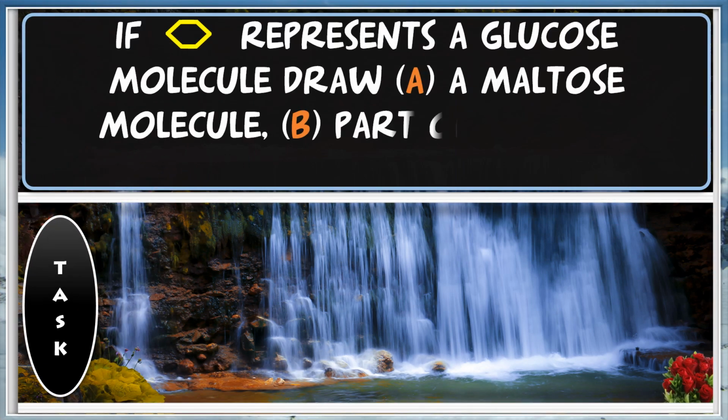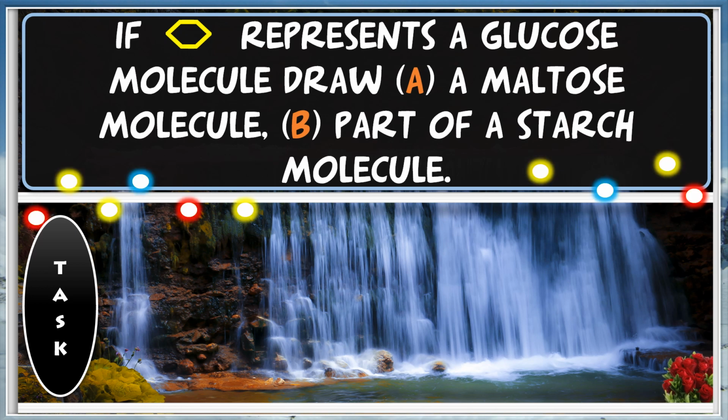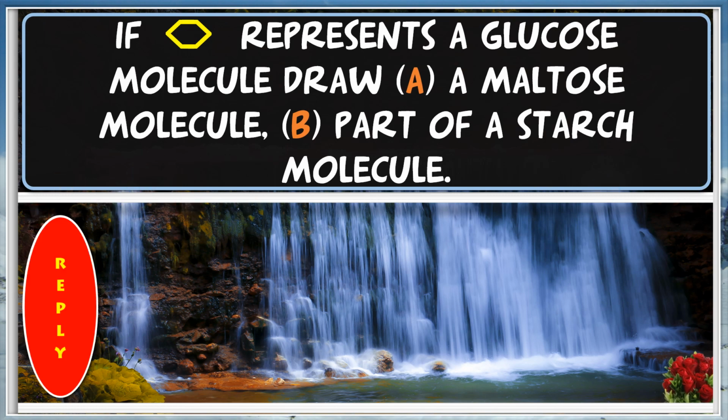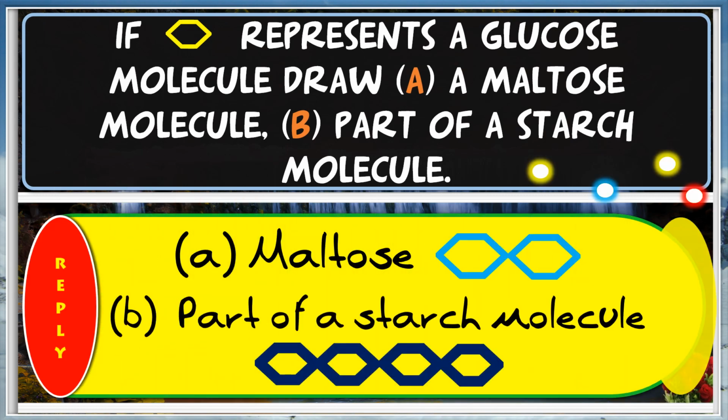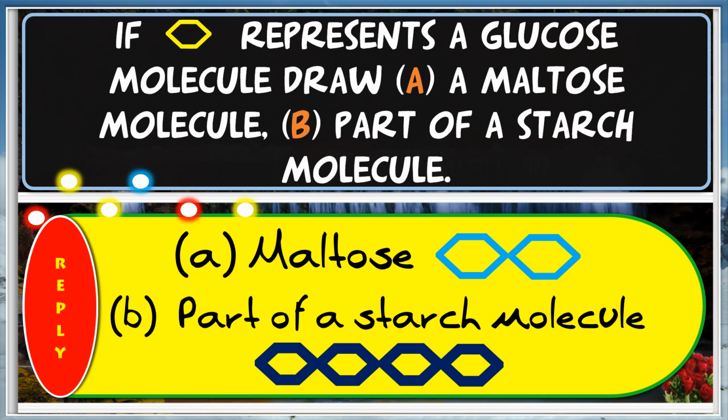If that symbol represents a glucose molecule, draw A, a maltose molecule, B, part of a starch molecule. A maltose molecule will be like that, and B, part of the starch molecule, will appear like that.